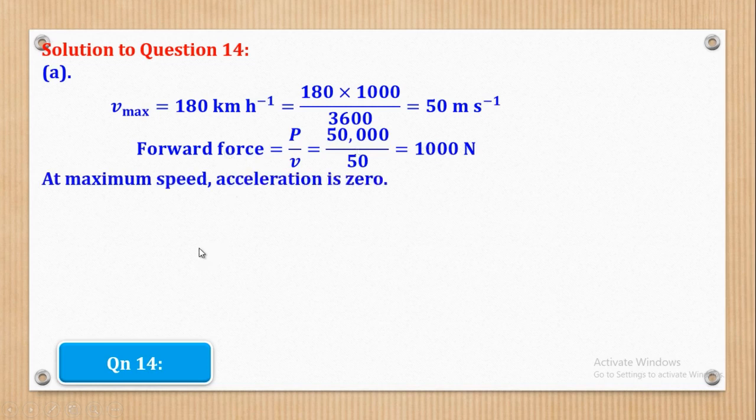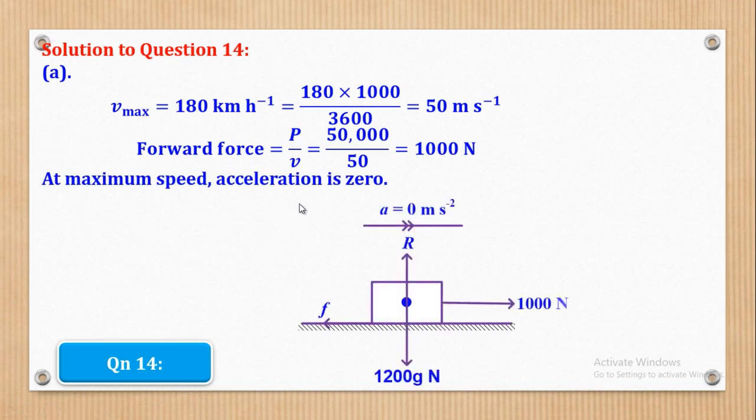After that, remember that at maximum speed, acceleration is 0. When you know that, we draw our sketch diagram where acceleration is 0, this is the forward force, this is the resistance they want, and this is the weight of the car. After drawing that sketch, we resolve horizontally.